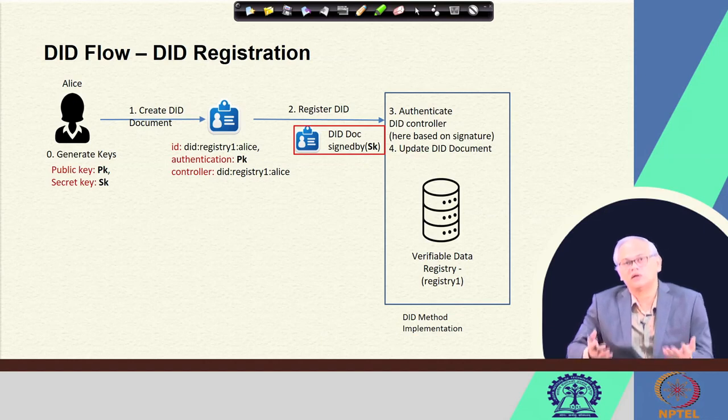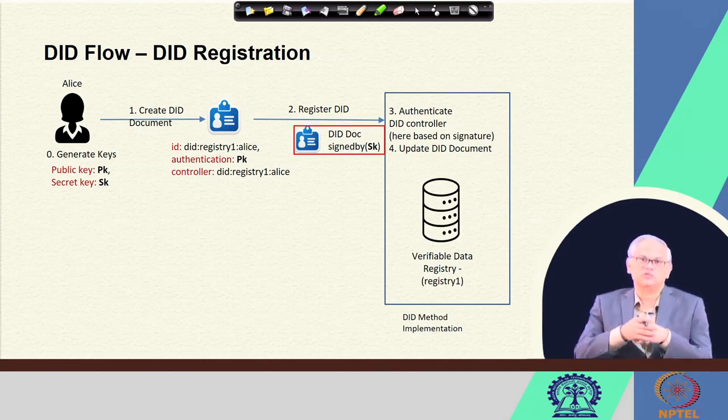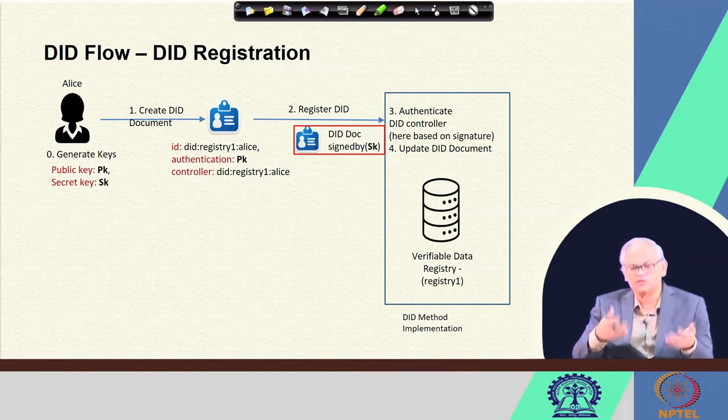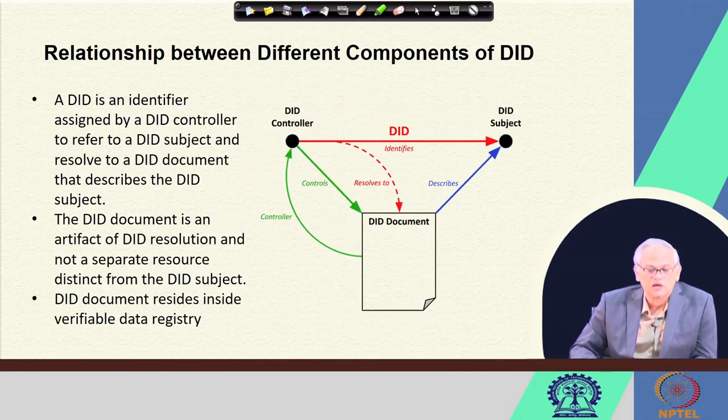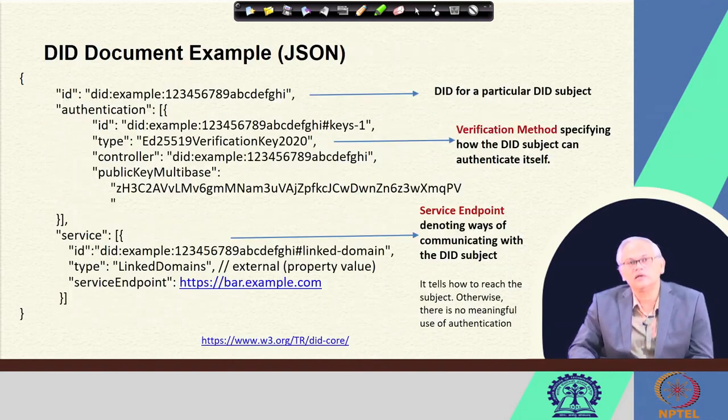This example is based on the signature. One can think of other options, and this specification indeed supports multiple such options. It is not that everything has to be done using the similar type of technique that we have mentioned so far in this lecture, but it has a lot of flexibility in which you can carry out this process of authentication, and all of these will of course be maintained in these documents, as written here in this example DID document.